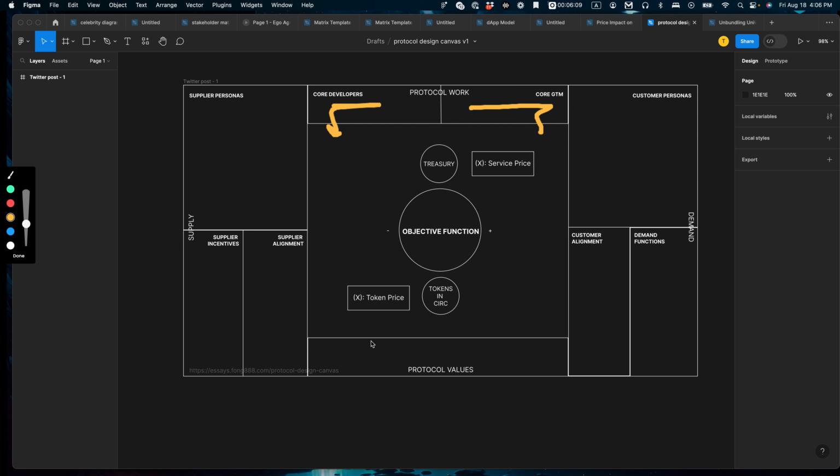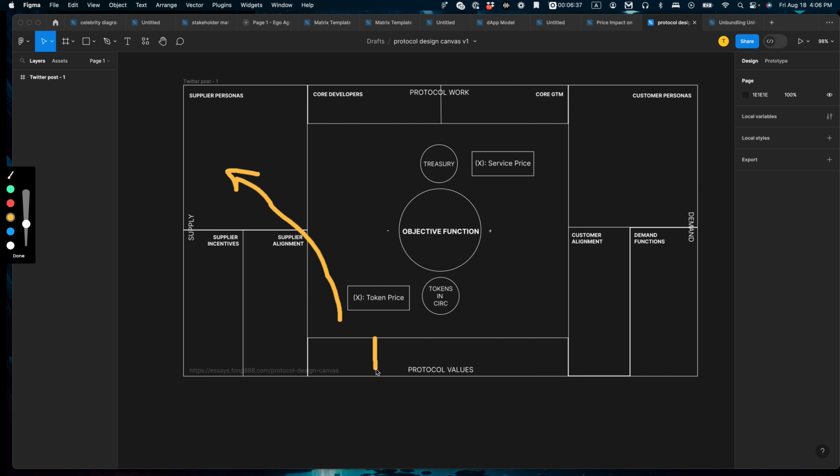And then the last one that I thought was, what are the actual values? What do they want to achieve? What are some things that maybe put this objective function in check? So a common one will be decentralization, and they may define that as the decentralization of staking, or the decentralization of the number of indexers, right, over here. That's very important.